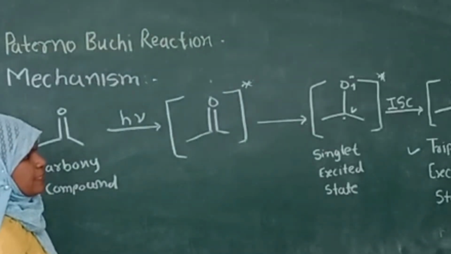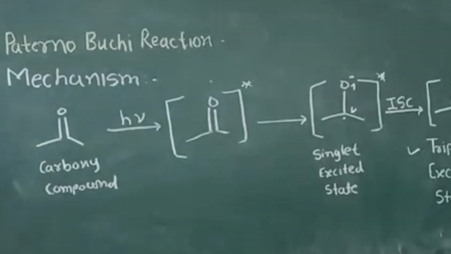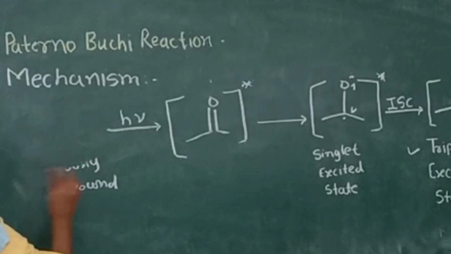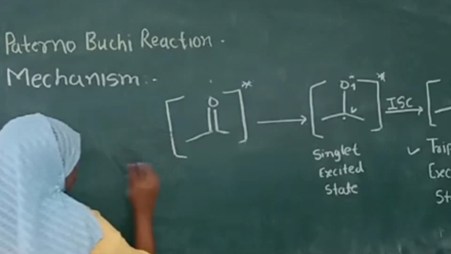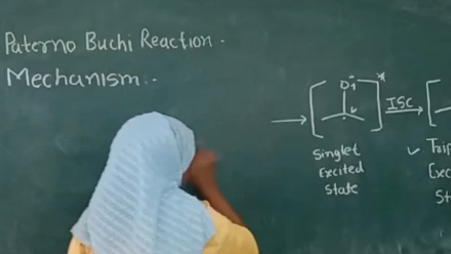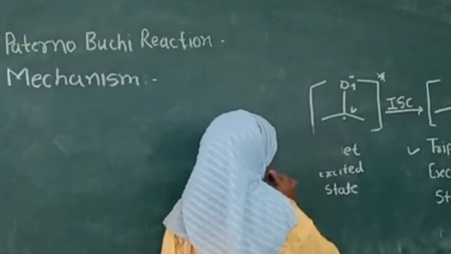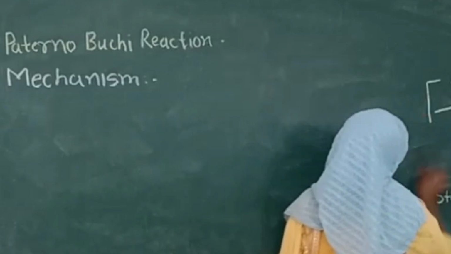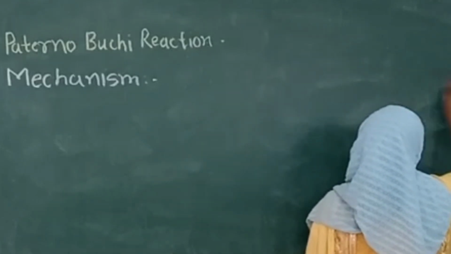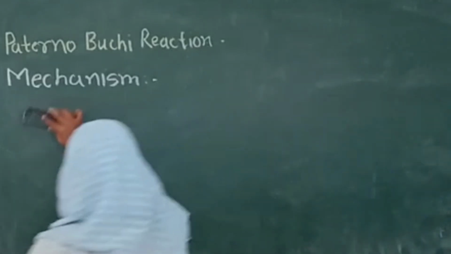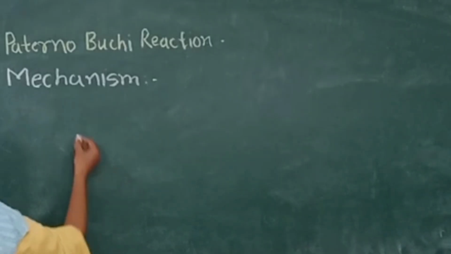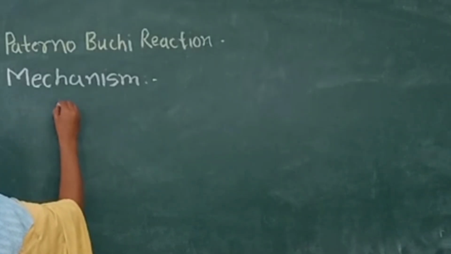Okay, let's see the second step. Up to the triplet state, formation of olefin radical.